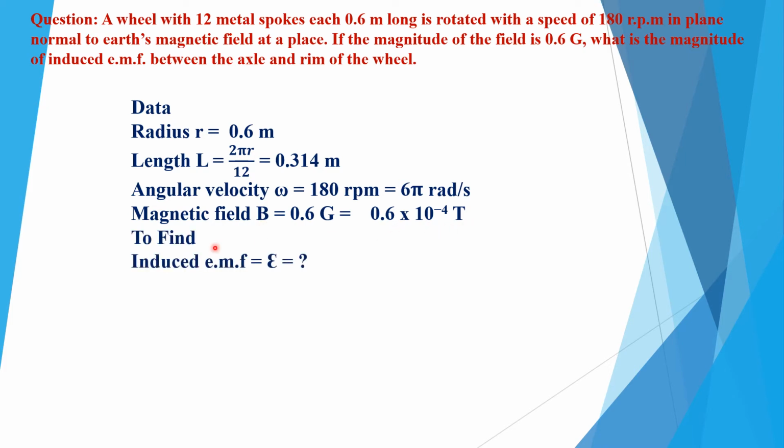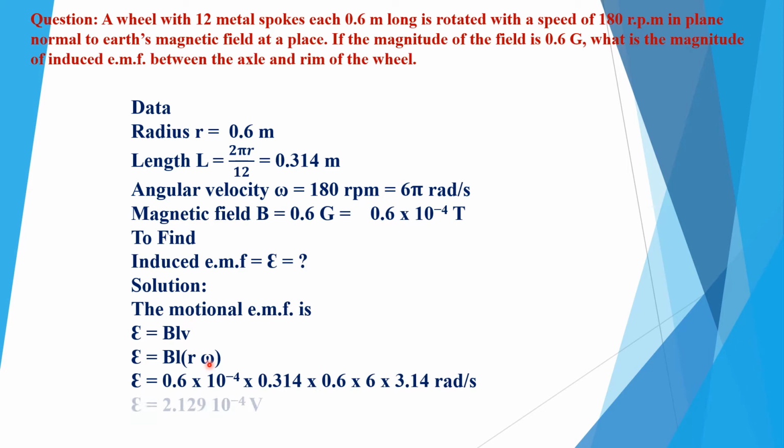We need to calculate the induced EMF. So motional EMF is given by B into L into V, and V is equal to R omega. Putting all the values we get motional EMF equal to 2.129 exponent minus 4 volt.